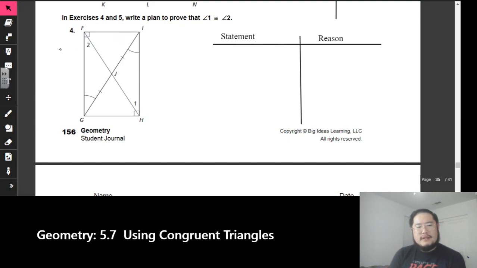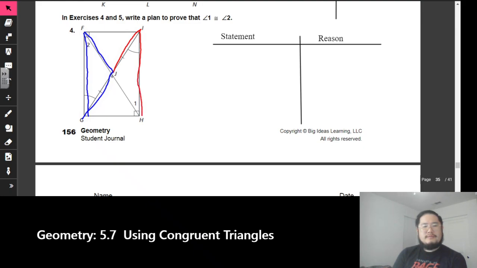Let's highlight a few things. Let's see what we got here. I've got myself a triangle. I've got that triangle right there. I've got this triangle, I'll go ahead and outline in red.